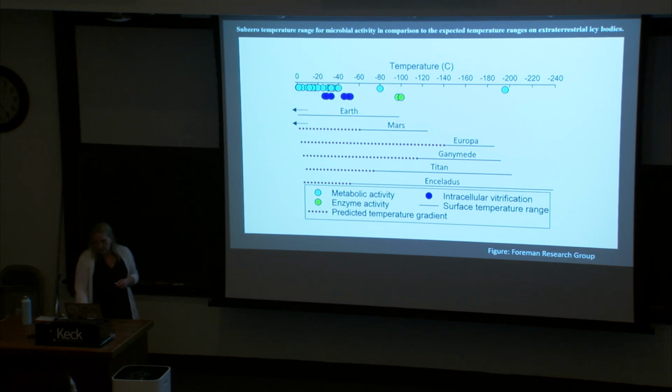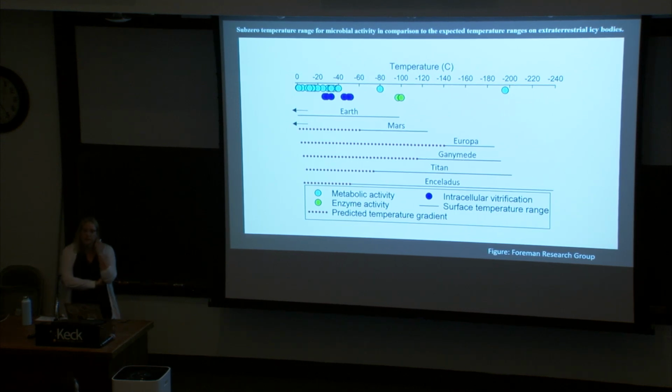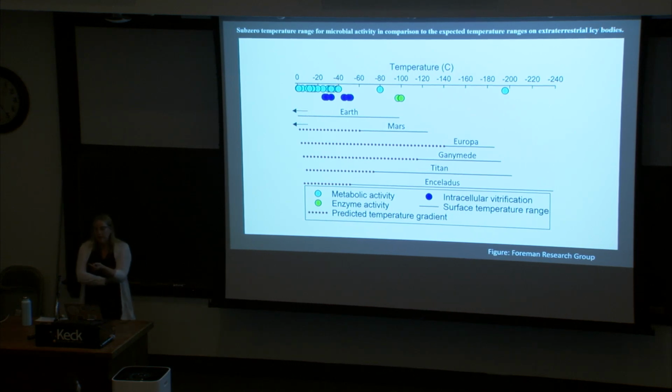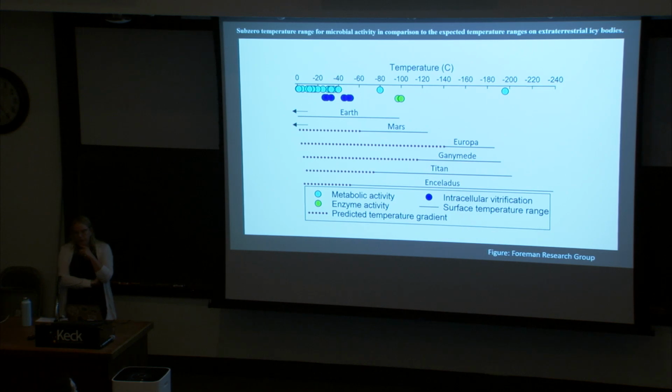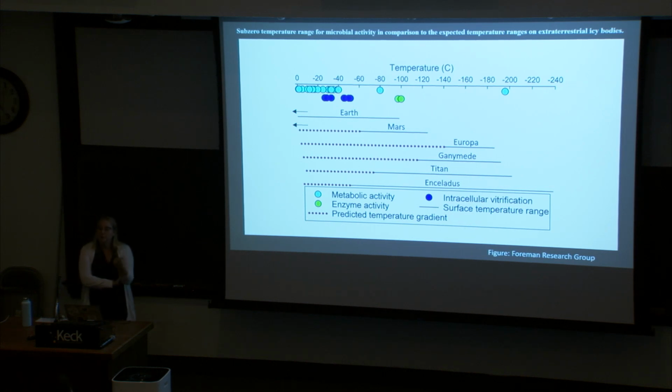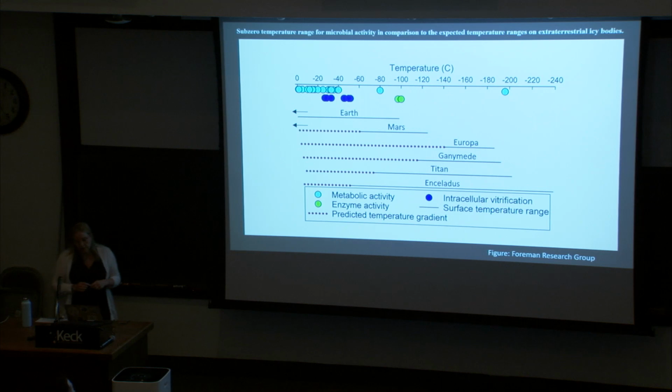To date, there's no generally accepted lower limit of life, including intrinsic enzyme properties, and organisms that can potentially survive at temperatures as low as minus 196, though that study hasn't been reproduced, and I'm not sure how much validity people are ascribing to it these days. But again, we don't know what that lower temperature limit of life might look like within these systems.